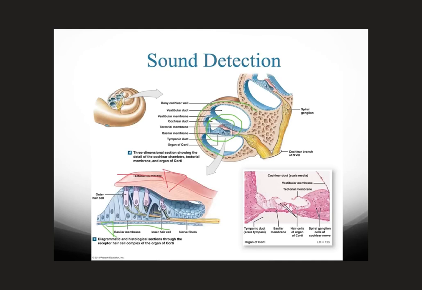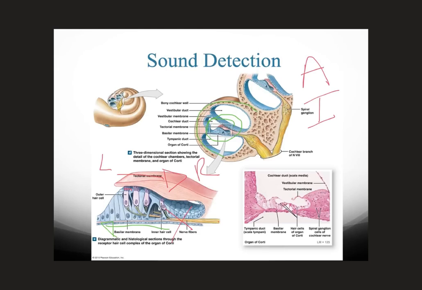And if the tectorial membrane is moving from left to right, it means the kinocilium is going to be flattening the stereocilia, and therefore you have inhibition of the signal. So you always have to see where the movement is going to be. If the stereocilia are moving towards the kinocilium, you have activation of the signal. If the kinocilium is flattening the stereocilia, then you have inhibition of the signal.